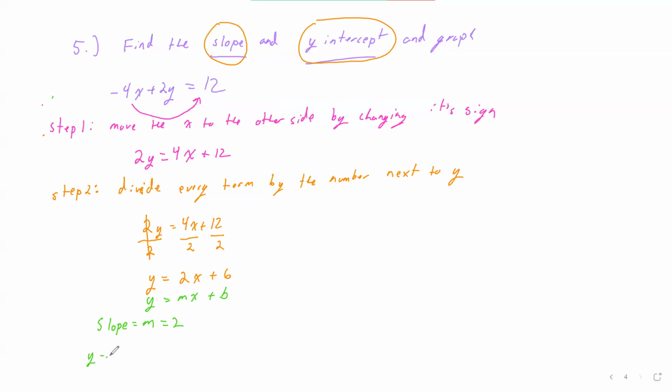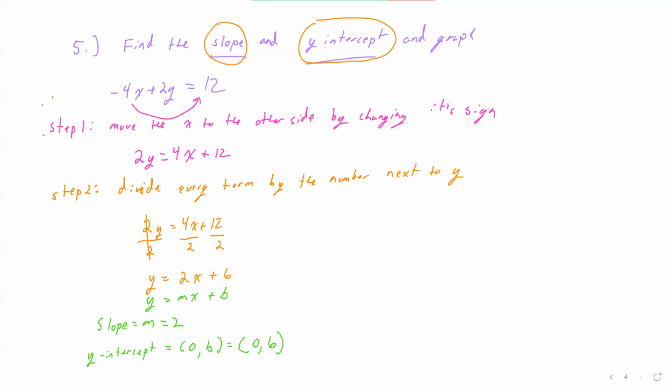So my y-intercept, if you recall from Monday, was 0, comma b. In this situation, what is my b? 6. So my y-intercept is 0, comma 6.